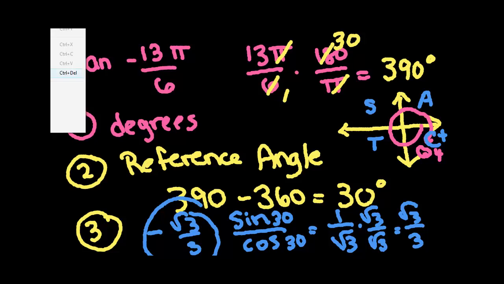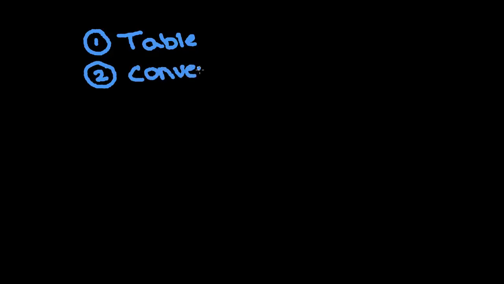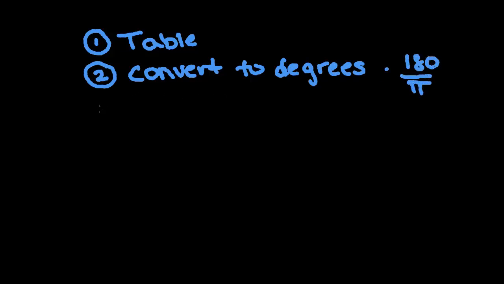So just to review the steps that we need to do: 1, make sure you know how to draw your table. Step 2, if you aren't comfortable with radians, make sure you can convert to degrees by multiplying by 180 over pi. Step 3, find your reference angles.